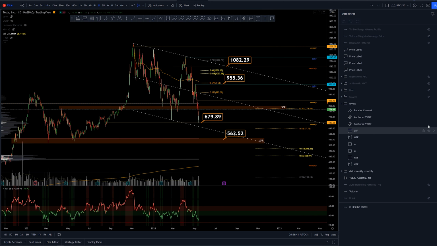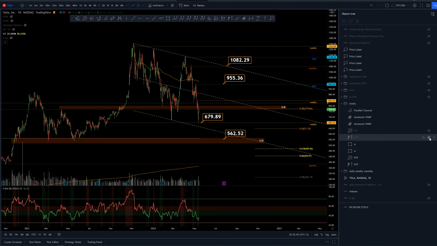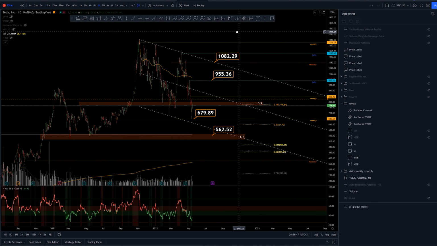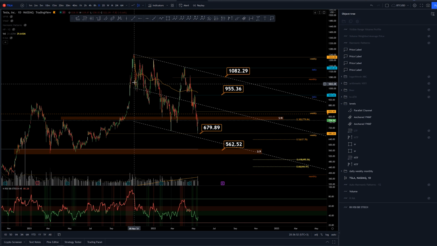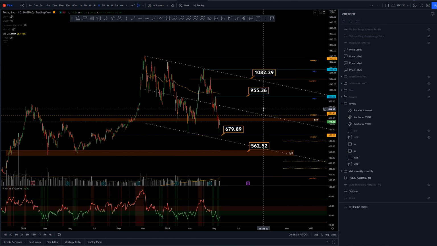Something else interesting here is this current channel that we're going downwards with. We've had some weeks with the 50% line, or the median line, here. Most likely if the price again gets to it, there could be a possibility of a rejection.